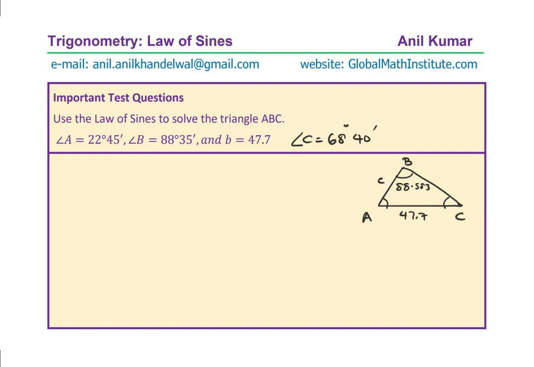So let's convert angle C to degrees. 40 over 60, right? The decimal equivalent is 0.666.